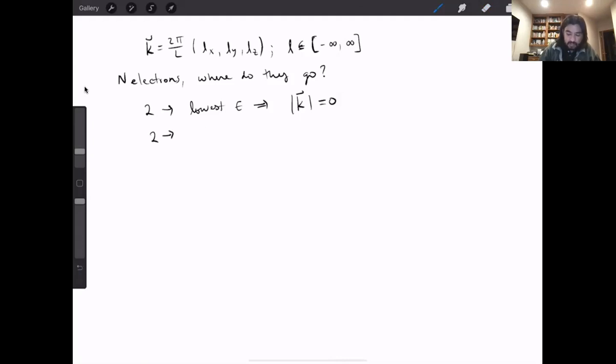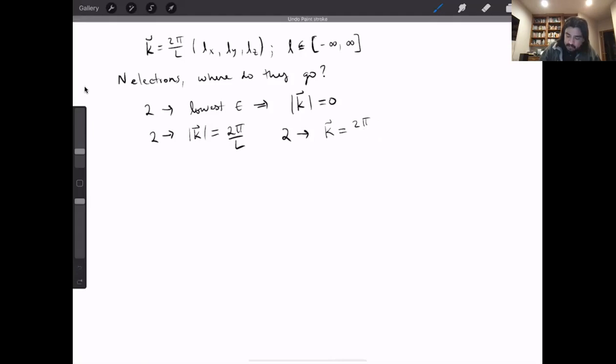But then we're going to put 2 whenever this K vector, the magnitude of it, is 2 pi over L. So that would be that either Lx, Ly, or Lz are there. That means we can put 2 into K being 2 pi over L in the x direction, right? No, sorry, maybe this is confusing.